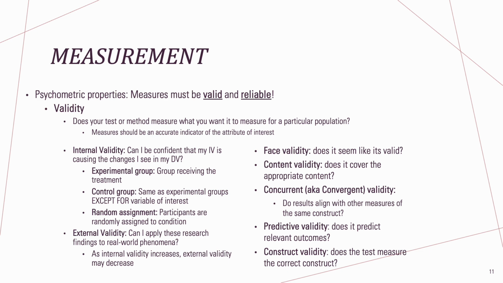And it might be more related to their sense of self, right? So those are different ways of conceptualizing stress in different domains. So we want to select measures that are actually tapping into the construct of interest and are measuring what we want in this particular population. So a measure should be an accurate indicator of the attribute of interest.